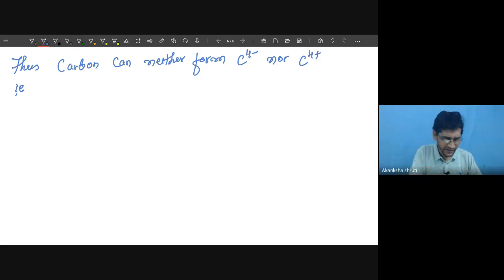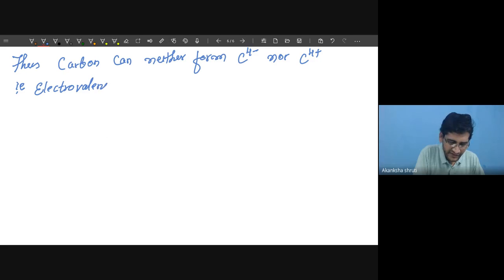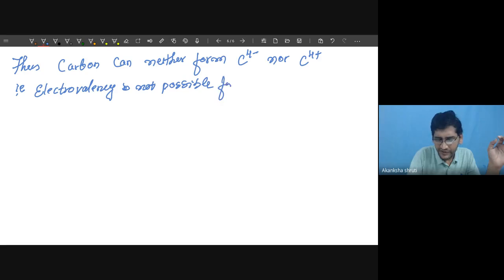Electrovalency. Okay, that is electrovalency, or forming a compound or bond by losing or gaining electrons, or forming the bond by forming the ions, is not possible. Therefore electrovalency is not possible for carbon.